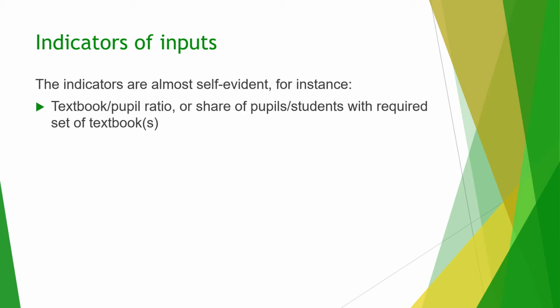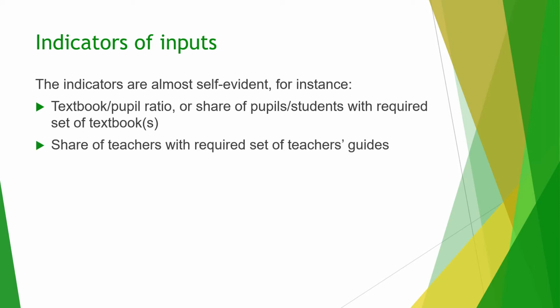How many textbooks does each pupil have? Or we could define an indicator that is different but on a similar topic, the share of pupils or students who have the required set of textbooks. We could, in the same vein, define the share of teachers with the required set of teachers' guides.